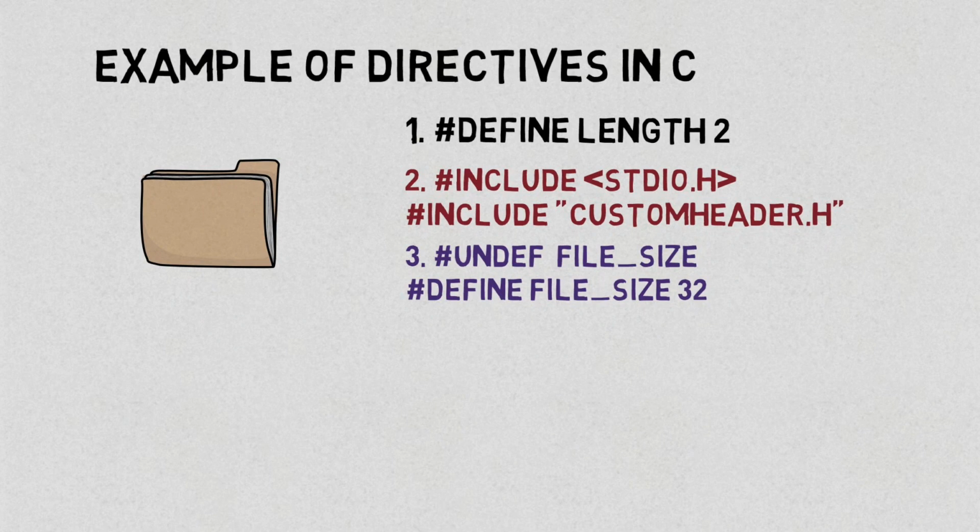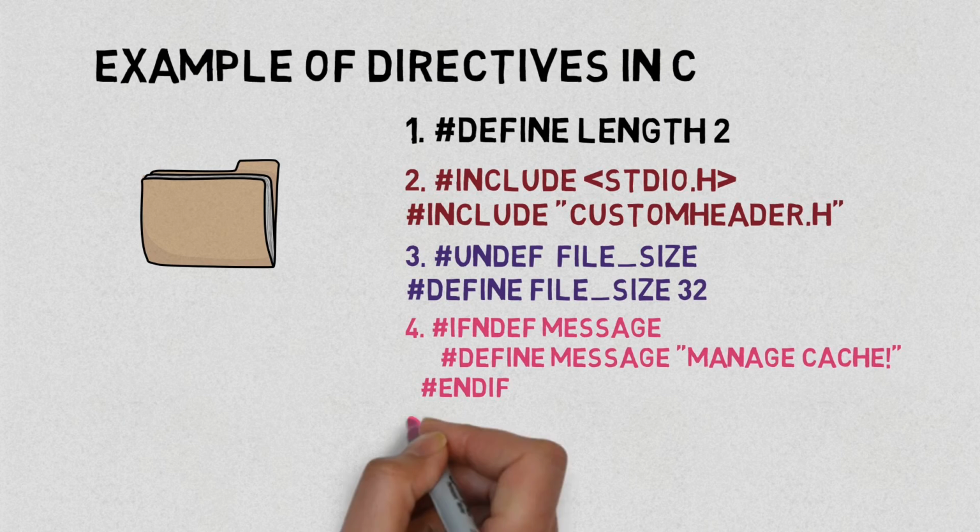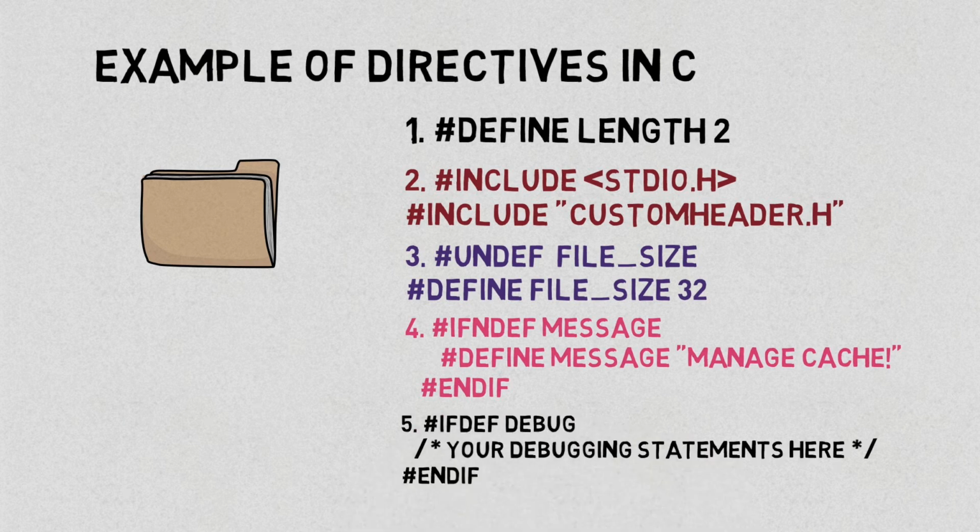Here the first line says that the file size definition should be undefined, removed, and set to 32. For the next one, #ifndef: if the message variable is not defined and there is no such message already assigned, then it should assign it a message with an exclamation mark, and #endif means you can end the if condition there.